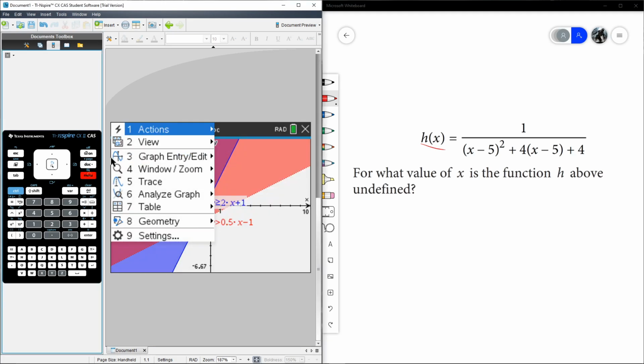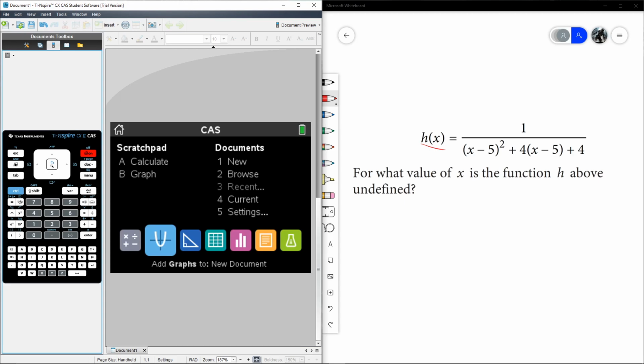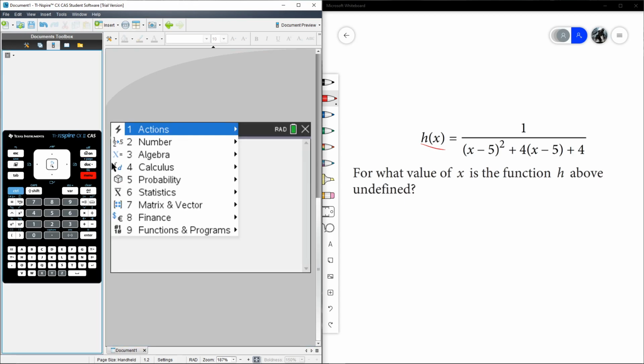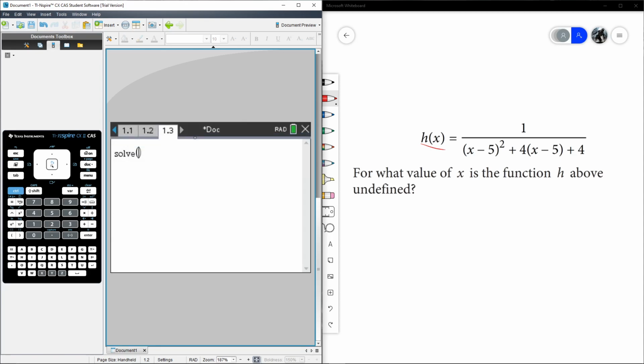And so in this case, we'll go to home, we'll go to the calculator tab, and I'm going to be using the solve function, and later I'll also be demonstrating the nSolve function and see if that's any different. So the solve function is something that's exclusively available on CAS calculators. If you see here, this is a CAS calculator.